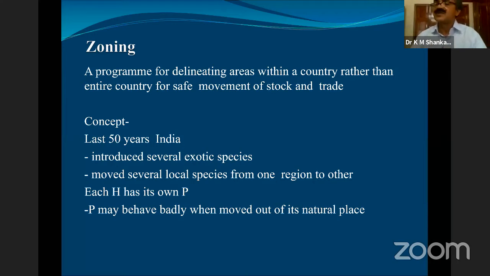Now it is time to go for zoning. We don't know how they have moved across, north to south to north, east to west. Virtually there is no regulation on movement of fish and crustaceans in the last 50 years. Now it is coming to a stage. So that's why zoning is very, very important.